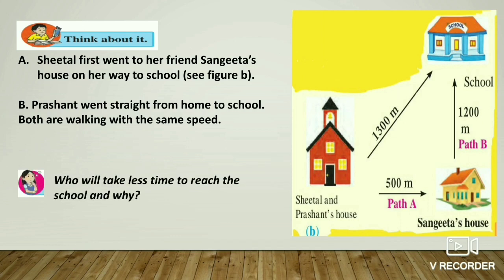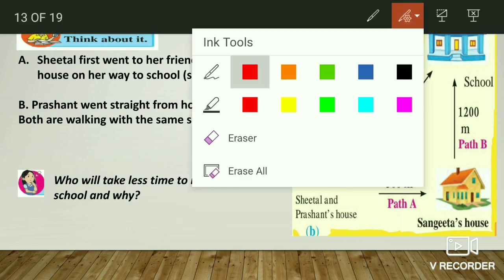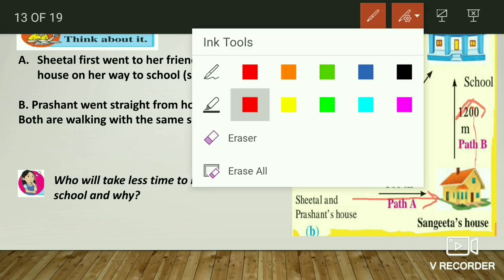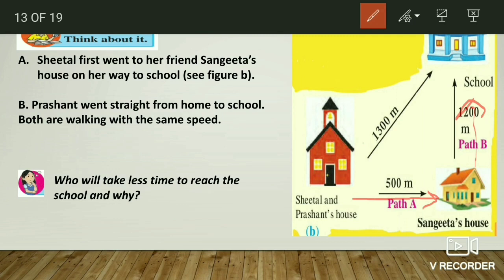In this example, two parties are given. First, A. Sheetal first went to her friend Sangeeta's house on her way to school. That means Sheetal first went to Sangeeta's house, so she chose path A. Then after that she went to school, so she chose path B. Now part B. Prashant went straight from home to school, that means 1300 meter.